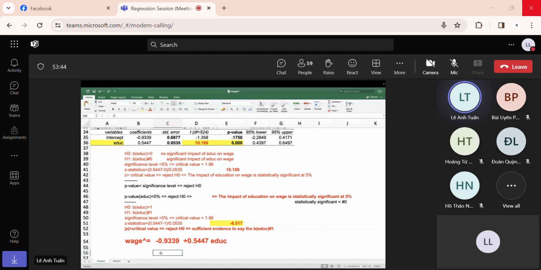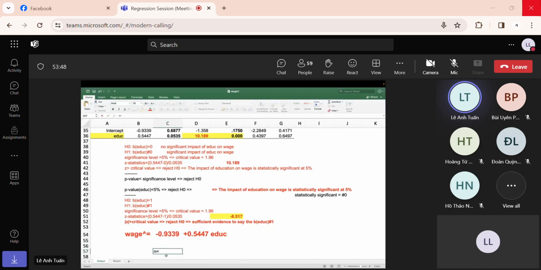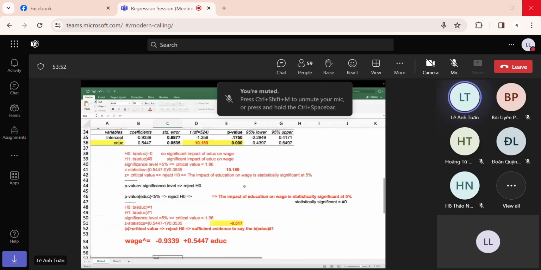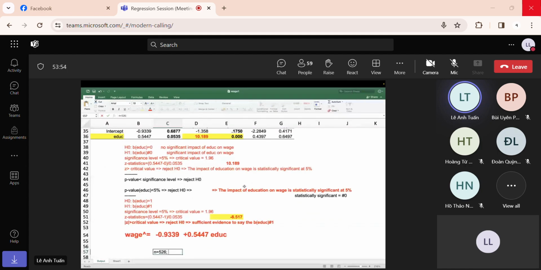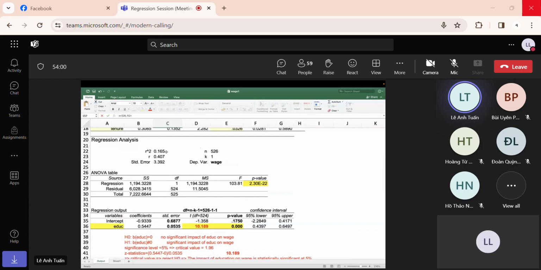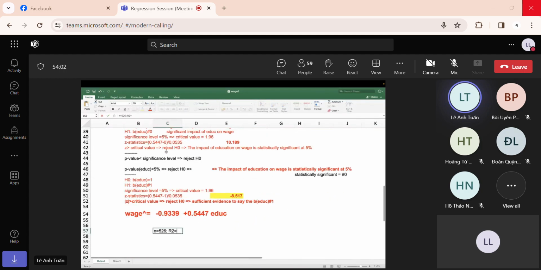You remember we also report the number of observations here, 526. We also provide the R square here, which in this situation equals 16.5%. In addition, we also report the standard errors.